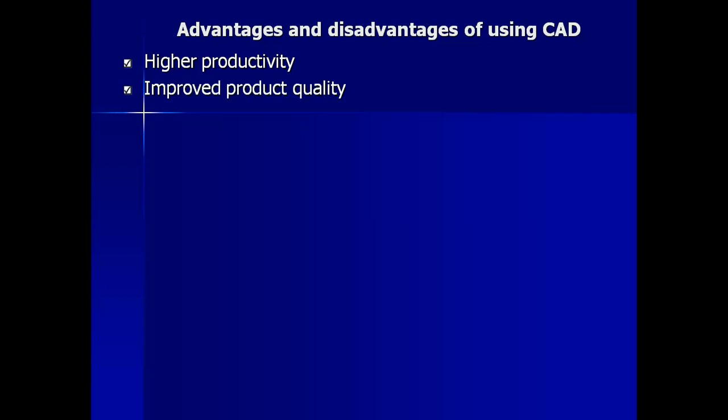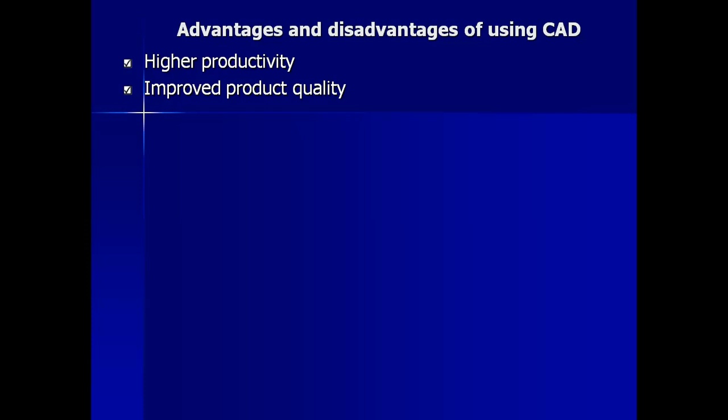So how improved product quality? By coming up with different designs of the product. Because CAD is not related to the manufacturing of products, do remember that it's only linked with the design of the product. So yes, CAD can give you lots of varieties of designs, and then you can pick the most suitable design for the product.